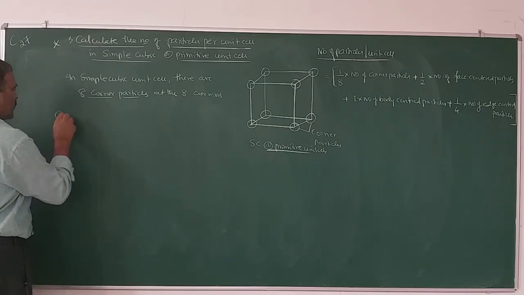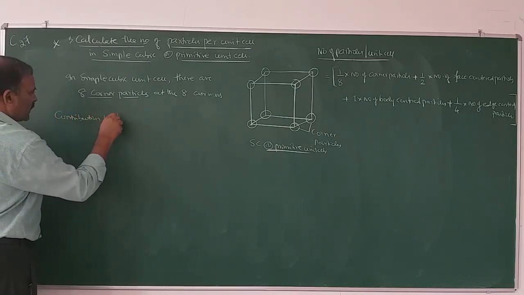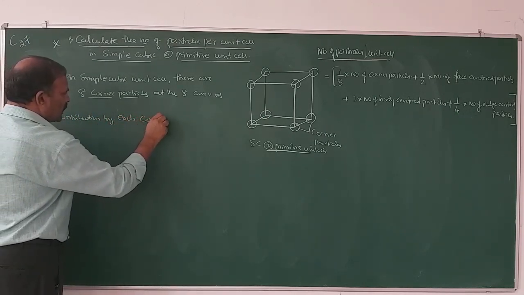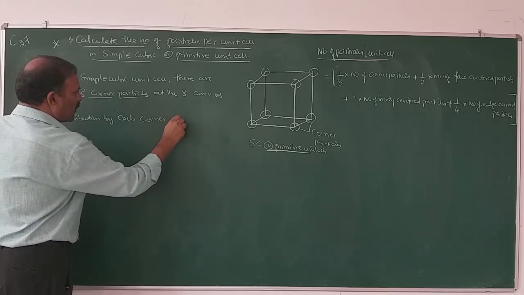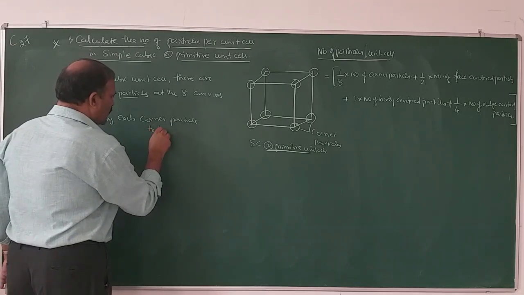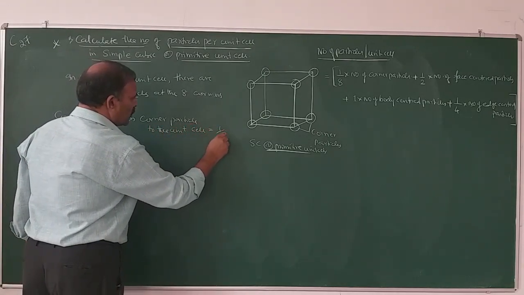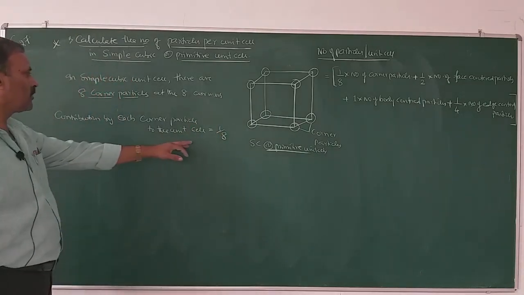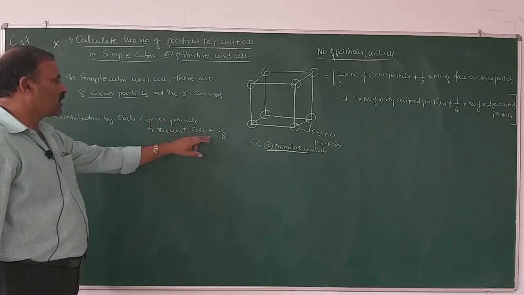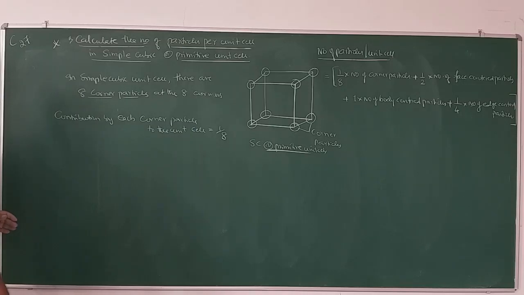Next, contribution by each corner particle to the unit cell is equal to 1 by 8. This is rule number 1. So how many corner particles are there? 8 corner particles.